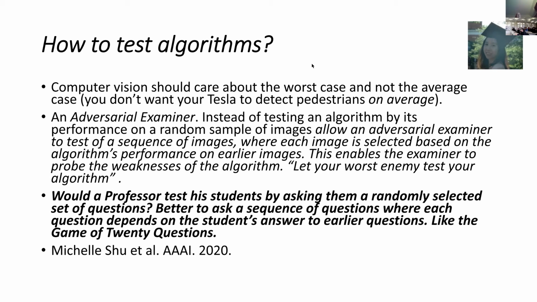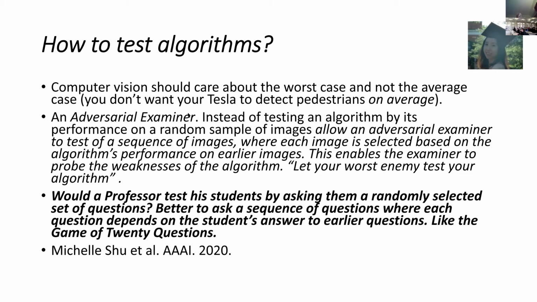Standard performance measures are average case performance. And if you're driving a car like a Tesla, you don't want it to detect pedestrians on average. You want to consider the worst case of how it could fail to detect a human, a pedestrian or something.